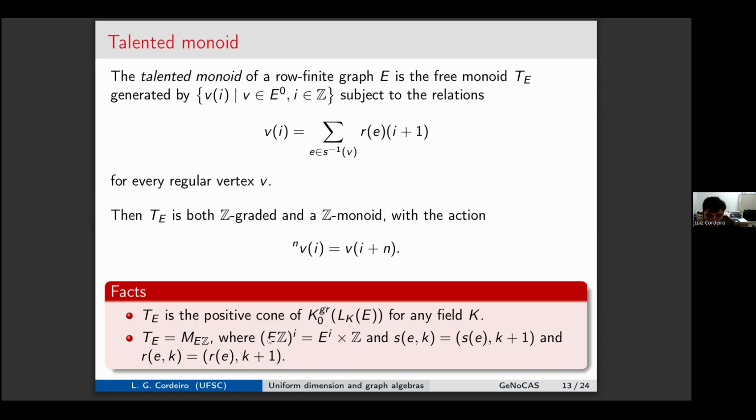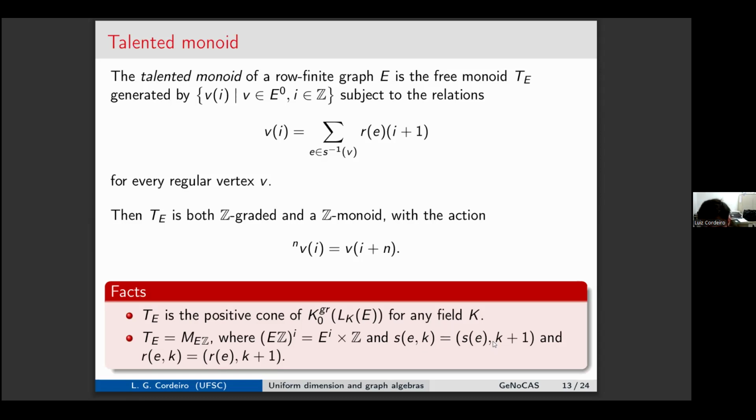So given a graph E, we substitute its set of vertices by Z many copies of the vertices, and for every edge, we add an edge in this new graph with the Z markings, which connects the same source and range, however, from a time K to the next time K plus 1.